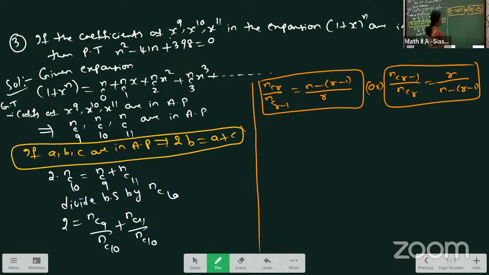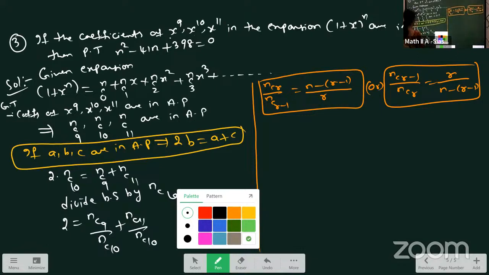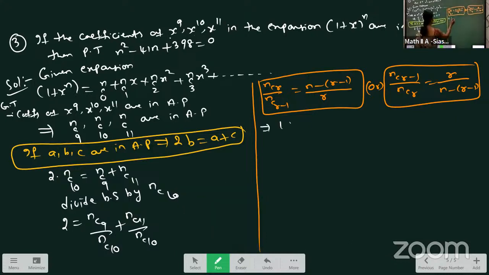Both ways we can take here. If we apply this, NC9 by NC10 fits this one, because the denominator suffix is more than the numerator suffix. So this can be written as 10 by N minus 9. So 2 is equal to 10 by N minus 9.